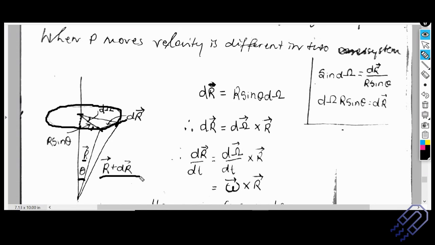This particular distance is dr, and this angle is d omega. You know, d omega usually is a measurement of solid angle, but here this is d omega.